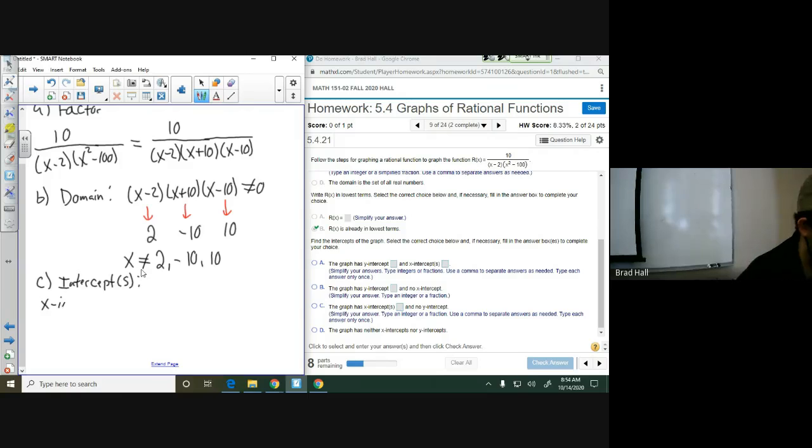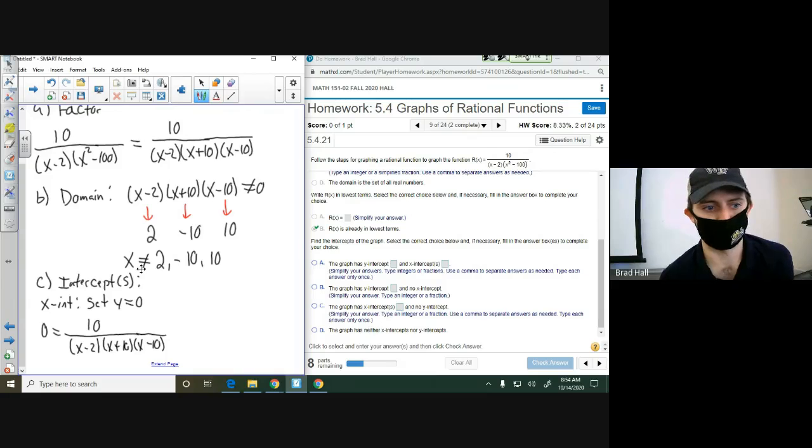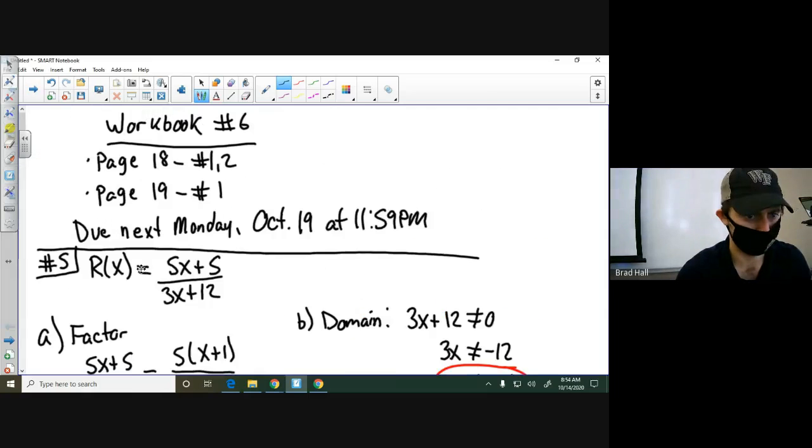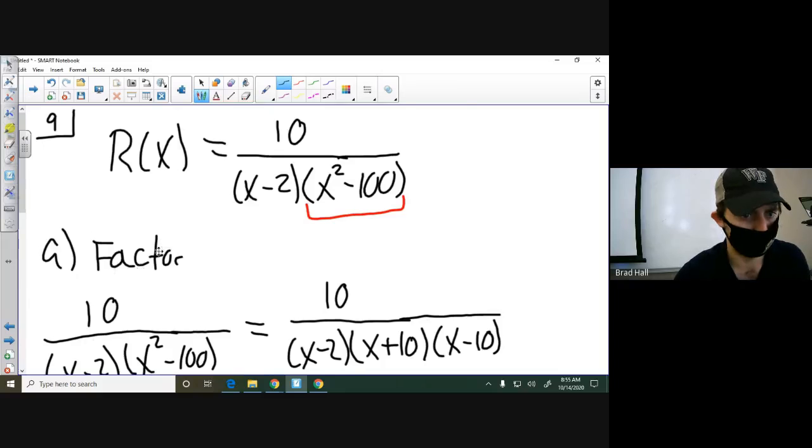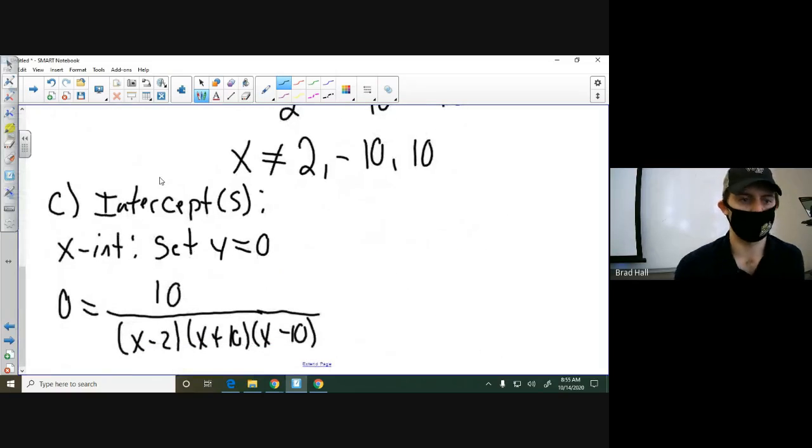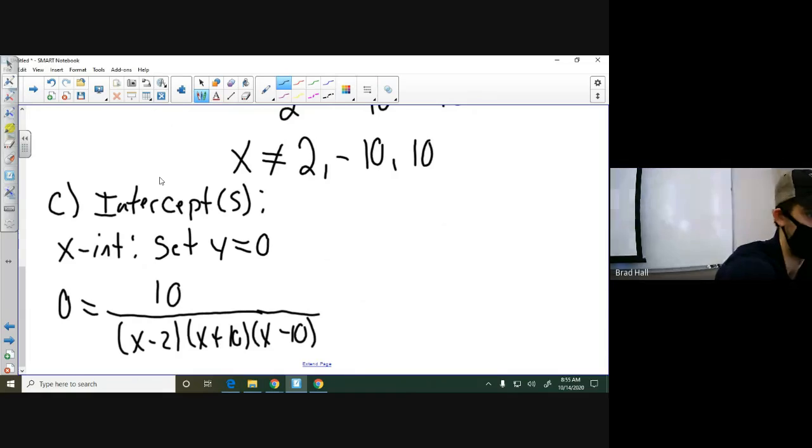Start off with the x-intercept. Which means we set y equal to 0. But the convenient thing for us is whenever we cross multiply here, virtually everything will cancel out.